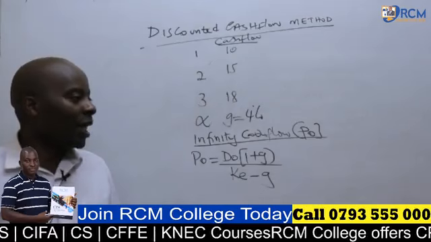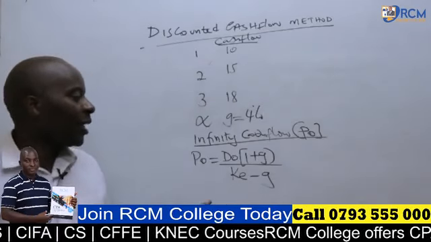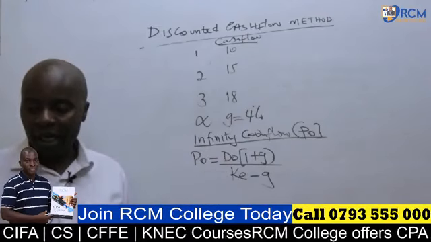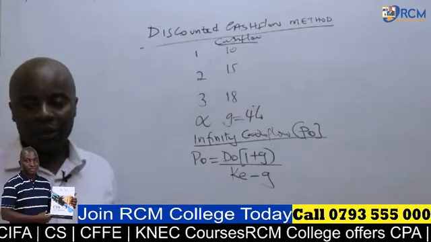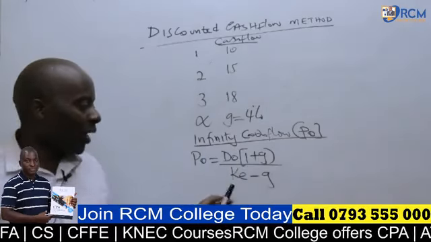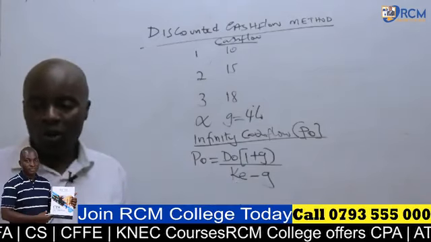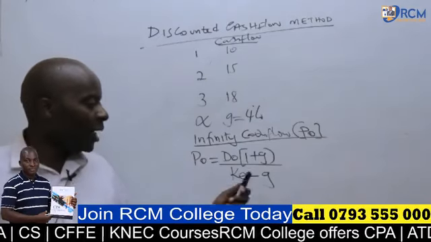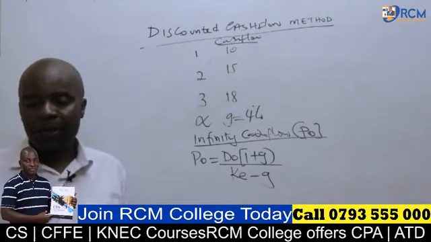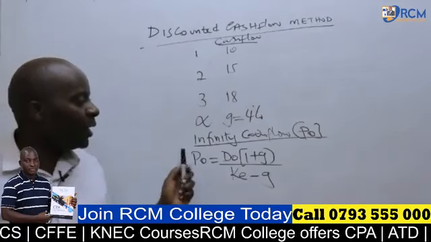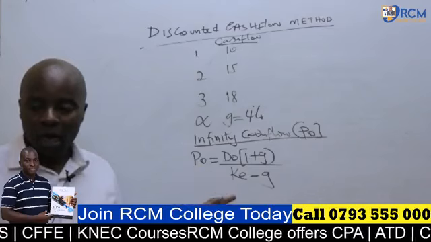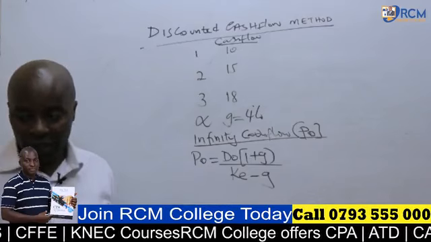D0 is the current dividend per share. And then we have 1 plus the growth rate, all over the cost of equity or cost of capital minus the growth rate. So anytime we talk of infinity cash flow, always think of how you can make use of this formula. Very, very important for us.